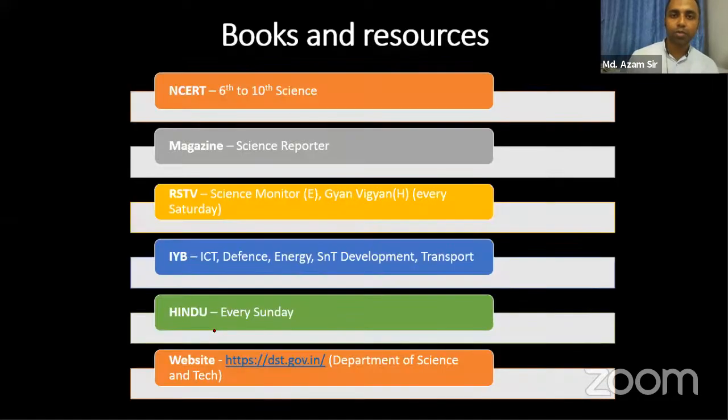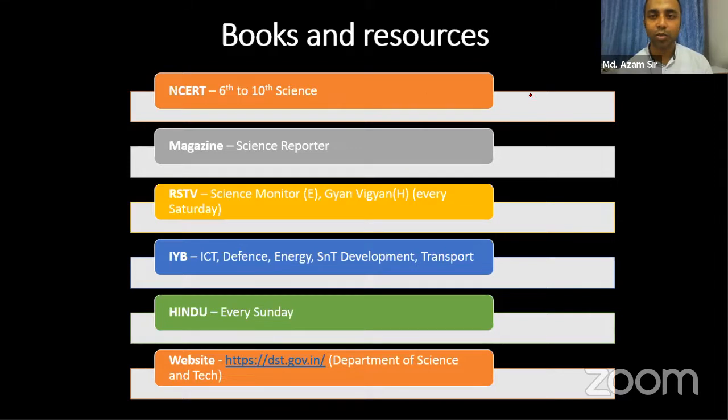With respect to books and resources, Miss Vishnu Priya, here is the answer. We have a good amount of book resources: the NCERT 6 to 10 standard you should refer.